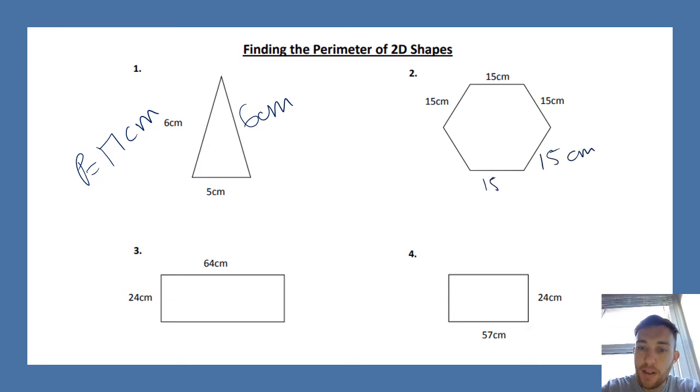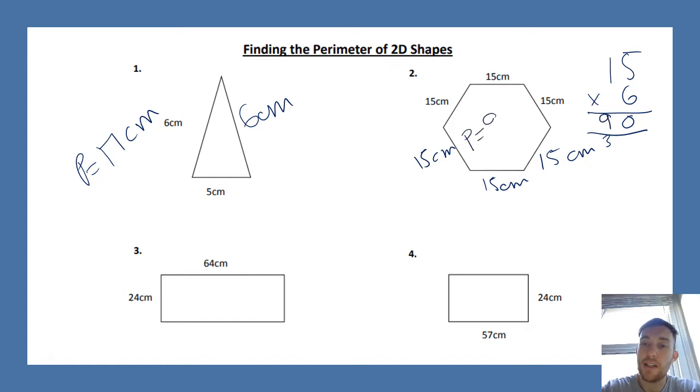I could do lots of repeated addition, or I could use a quick short multiplication method because it's the same number, 15, and I'm doing it 6 times, so I'm multiplying it by 6. So 5 times 6 is 30, 1 times 6 is 6, plus the 3 is 9. So the perimeter of this regular hexagon is 90 centimeters.